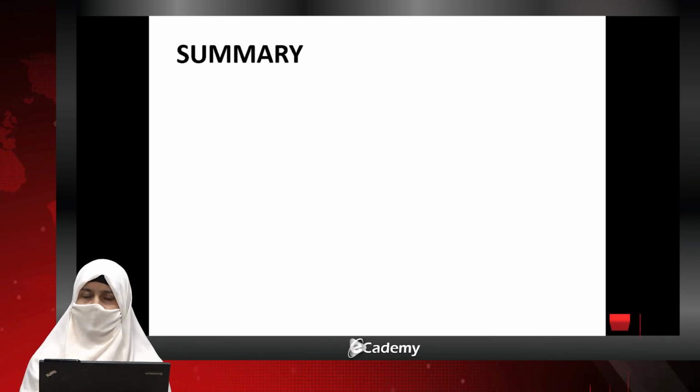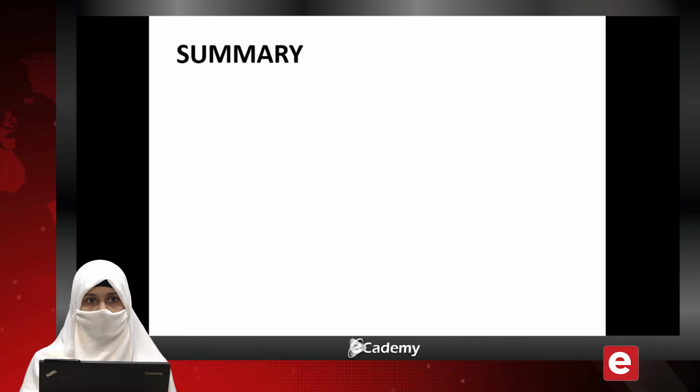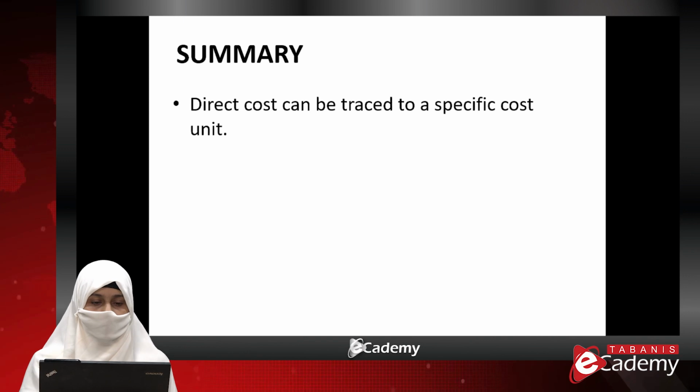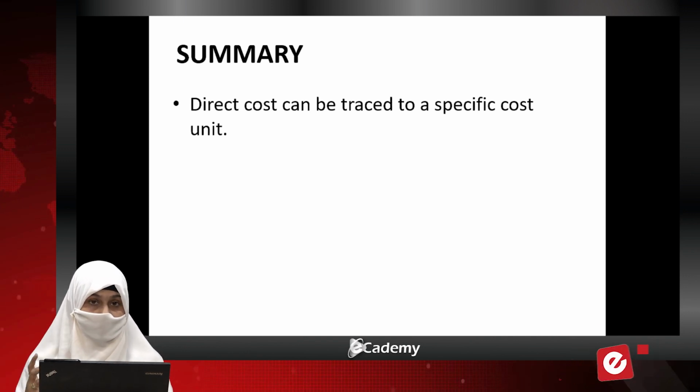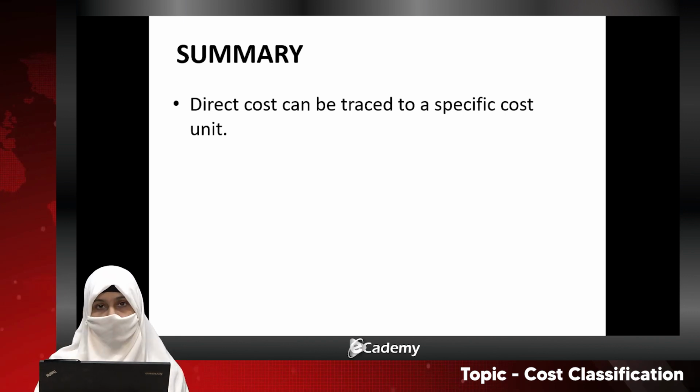Now, this is the last slide of this topic, and we just summarize what we have done in this whole topic. First of all, we dealt with direct cost, and direct cost is, this is a book definition, and when I tell this definition to students, it gives a very vague idea of what it's all about. We need further detail. So direct costs are all costs that can be traced to a specific cost unit.